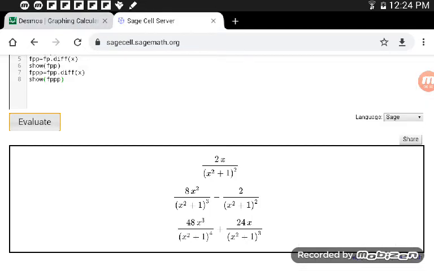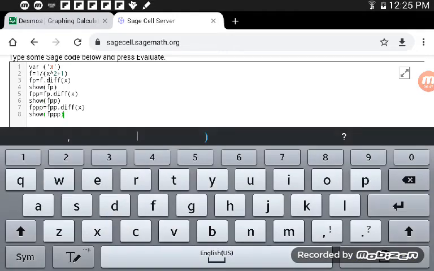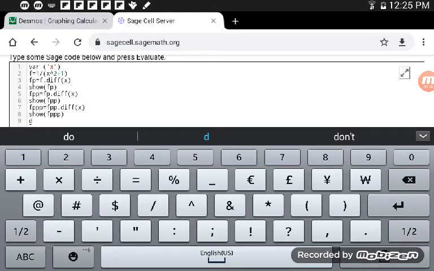So one last thing, could we have gotten this derivative here all at once? And so I'm just going to call this d for general derivative here, equals, and let's start with f.